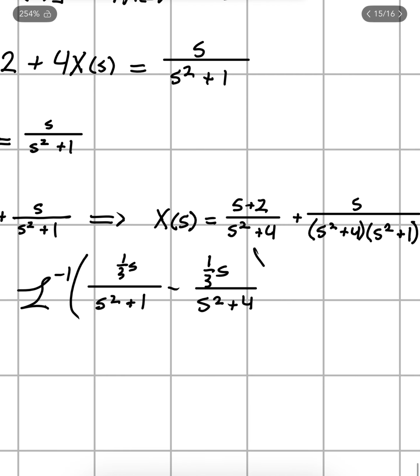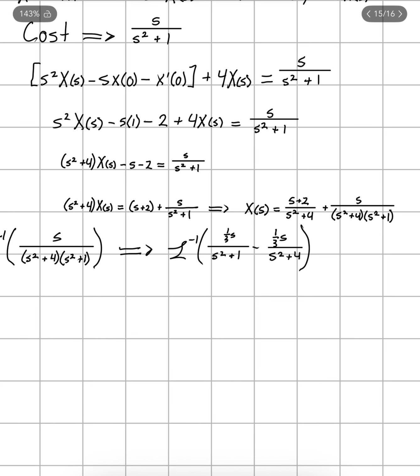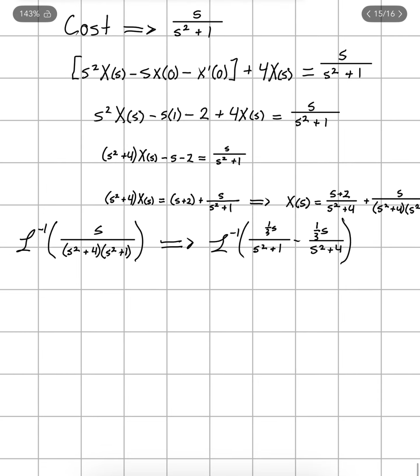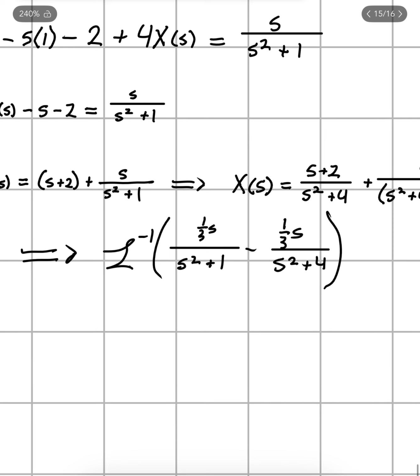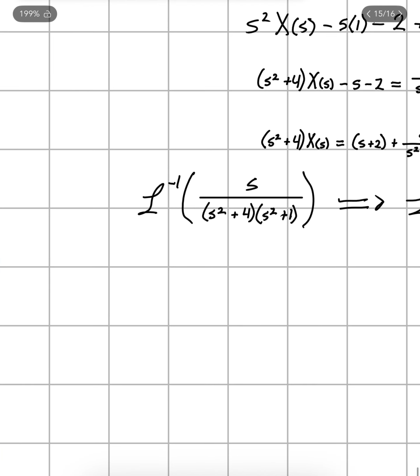Now this form actually follows another transform table identity, which in this case we would have to find the inverse. So it follows the form of s divided by s squared plus w squared, which, when converted, is cosine w of t.